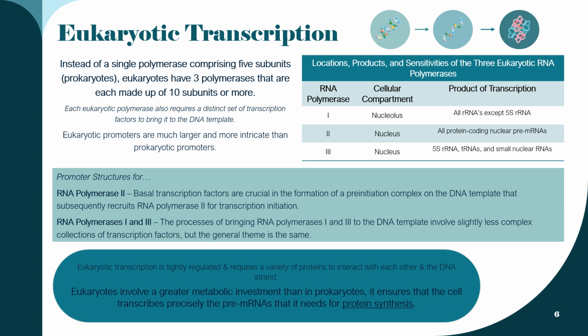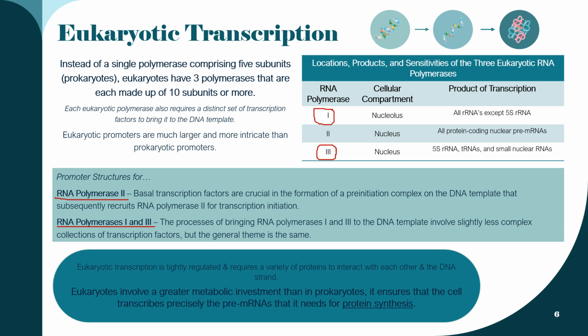So if we look at the 3 different types of polymerase, which they list in this table, you'll see that a couple of them, polymerase 1 and polymerase 3, you can see what they do right here. It says the processes of bringing RNA polymerases 1 and 3 to the DNA template involve slightly less complex collections of transcription factors, but the general theme is the exact same as what happens in RNA polymerase 2.